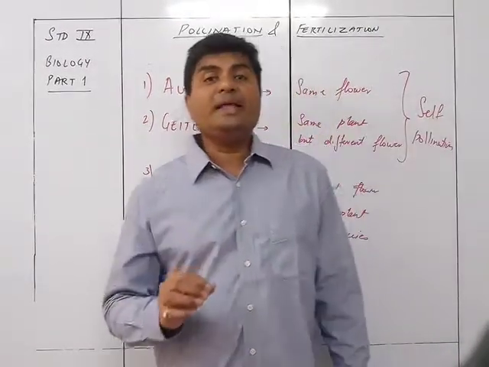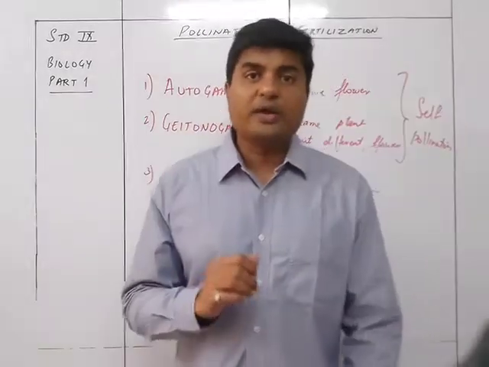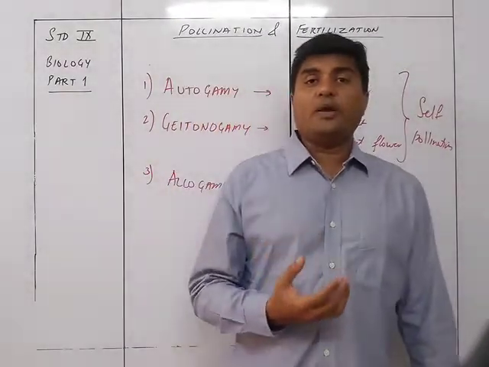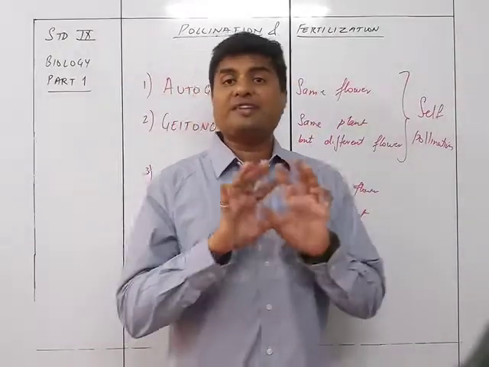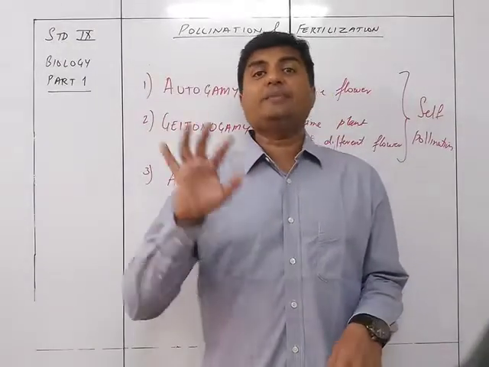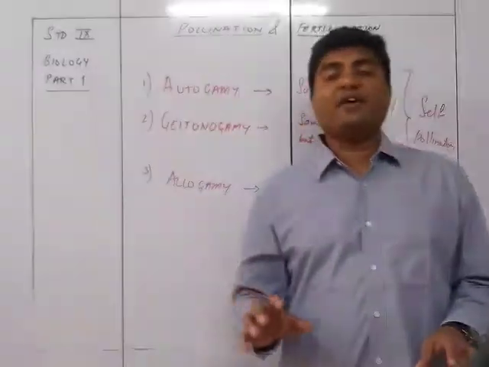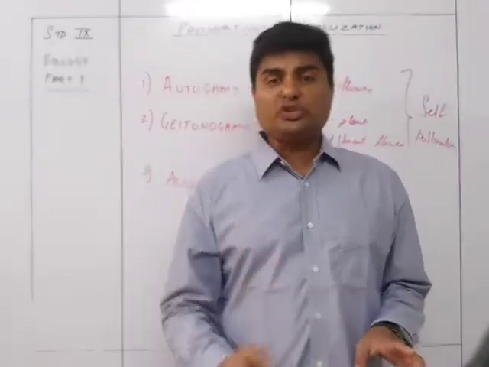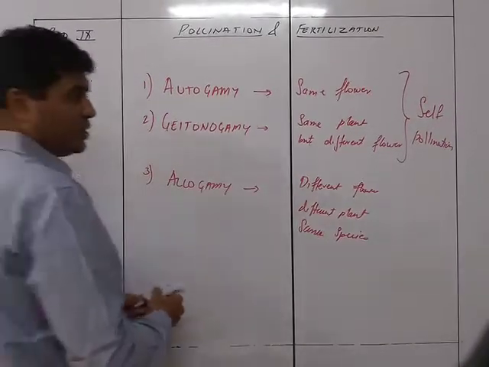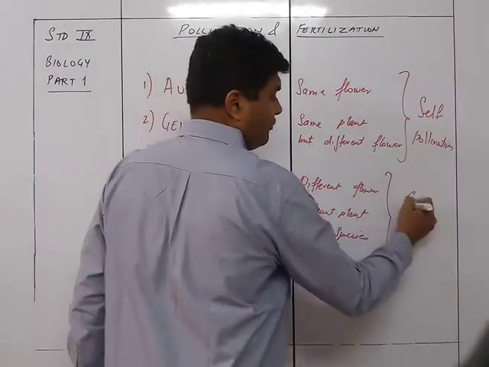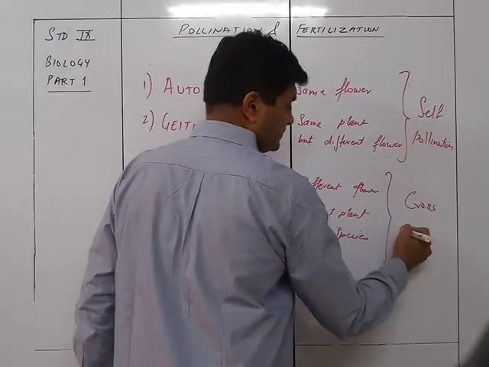So when the anther gives its pollen grains and the pollen grains move from one flower to another flower, not of the same plant but of the same species, then that kind of pollination is called cross pollination, and that is called allogamy. So allogamy is an example of cross pollination.